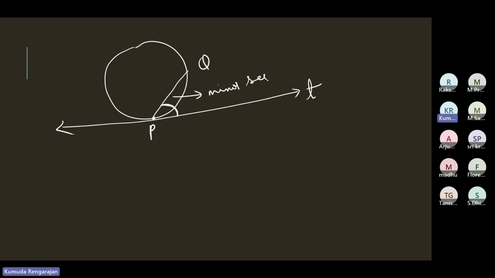Now take a point R in the major segment and represent the angle subtended by the chord in the major segment. This is the angle subtended by the chord PQ at the point R in the major segment. This angle is equal to this angle.